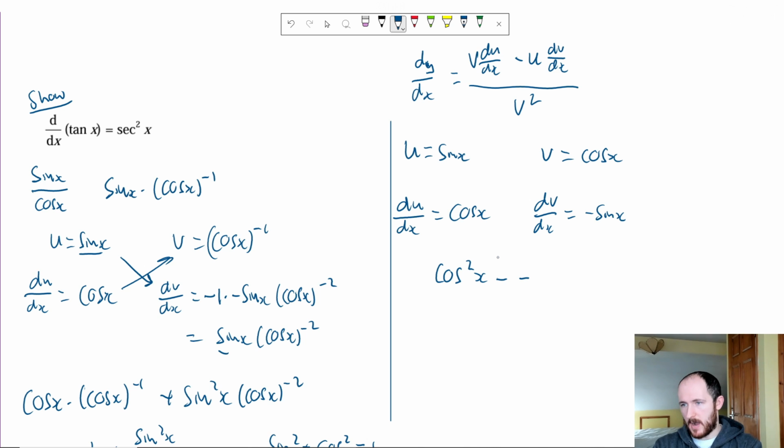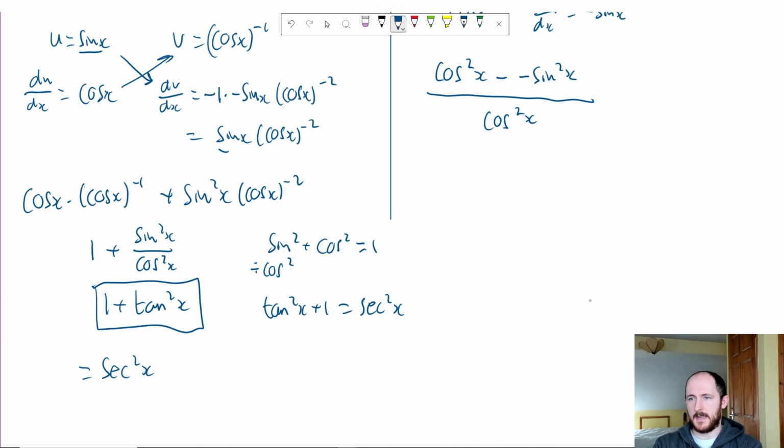Minus sine squared x over v squared, which is cos squared x. So that becomes a giant plus, right? Sine squared plus cos squared is 1 over cos squared x, which is equal to sec squared x.